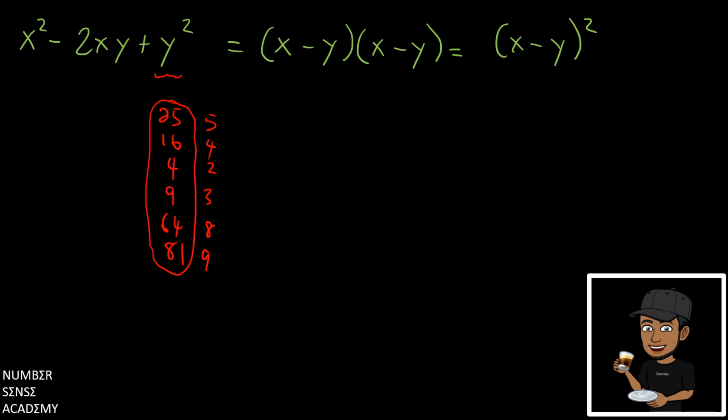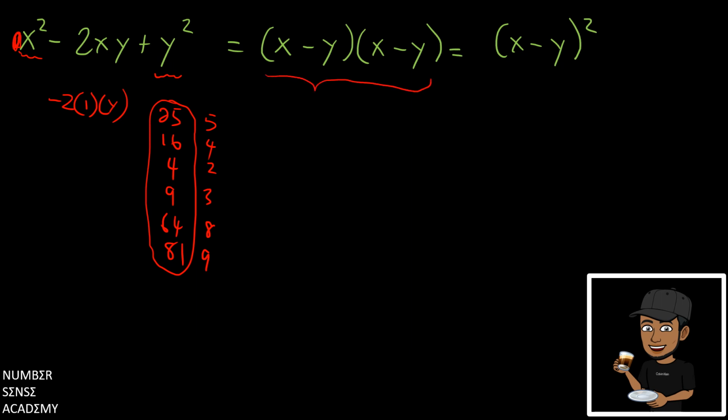So if you know these are the square roots of the perfect square, the middle number should be a product of 2 times the number in front of the x, which in this case is 1, and then whatever the square root of y squared is. Okay? And in this case, it will be y.